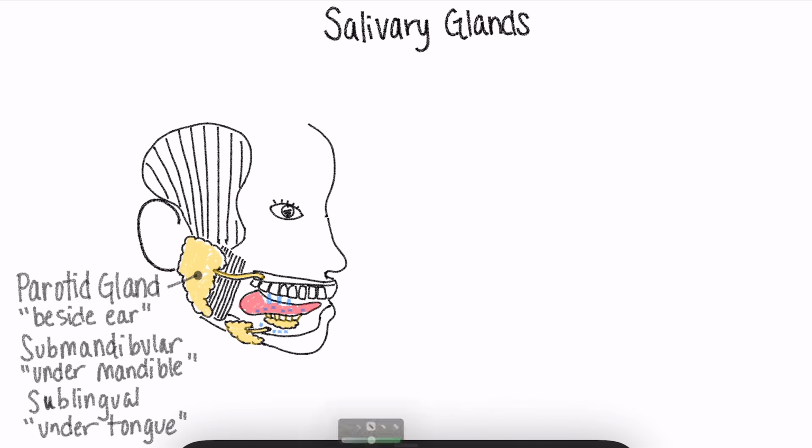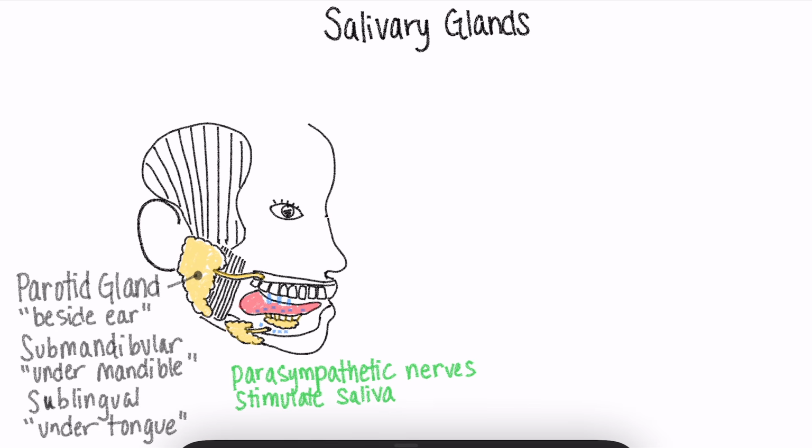These salivary glands are controlled by cranial nerves from the parasympathetic nervous system. So parasympathetic control over salivation for stimulating it. The parasympathetic nervous system is part of your rest and digest, so it's going to help you make saliva so that you can start to break down your food.